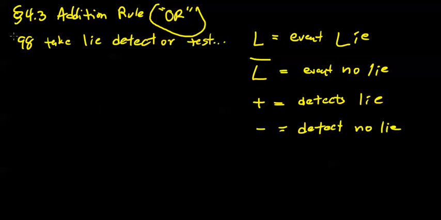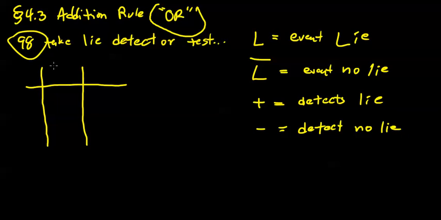Alright, I'm going to summarize the results of this lie detector test in a table type fashion. I'll make columns for the liars and the not liars, and rows for those found to be lying and those found to be not lying.